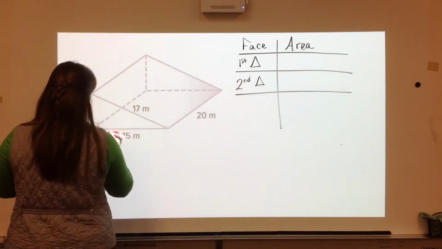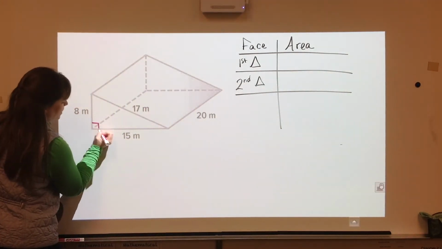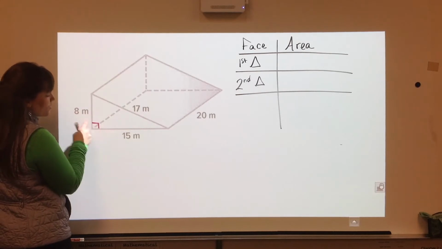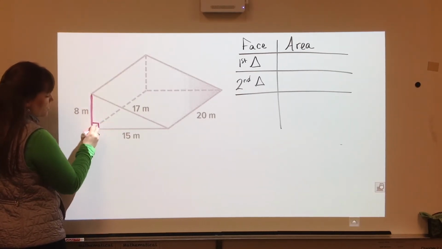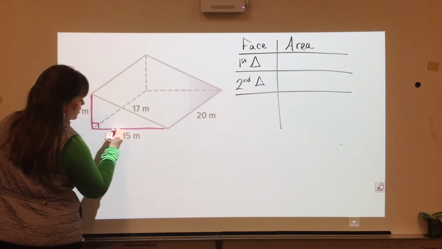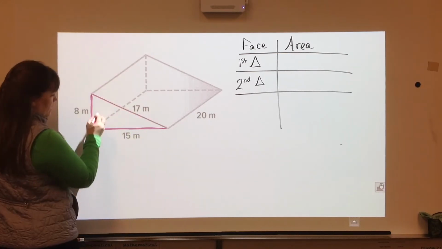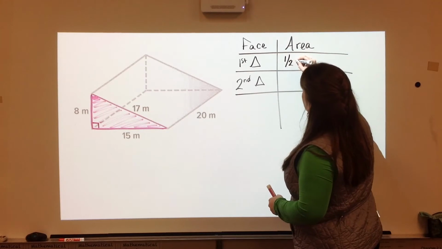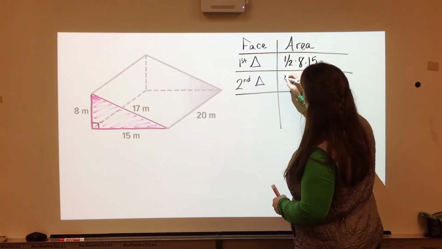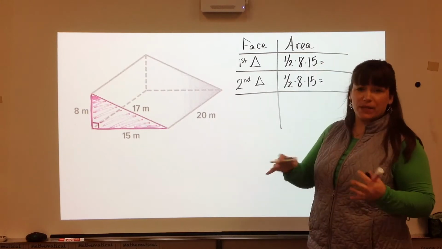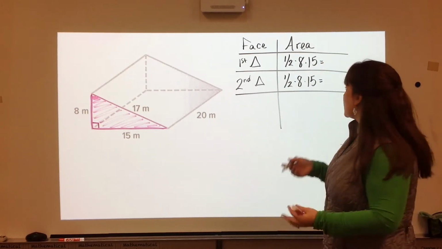So my pink triangle is going to be paying attention to these 2 parts of the triangle, so I'm going to need this dimension and this dimension for my height and my base. So my area formula is half times 8 times 15 for both of my triangles. Half of 8 is 4, 4 times 15 is 60.